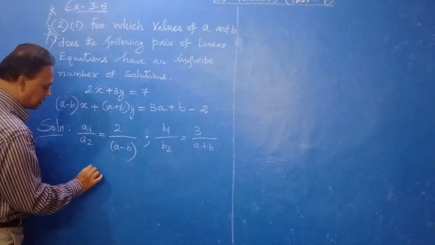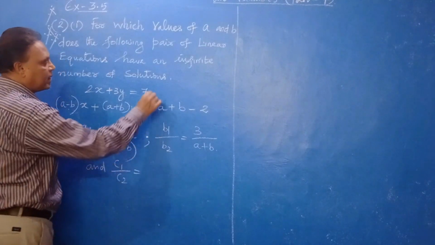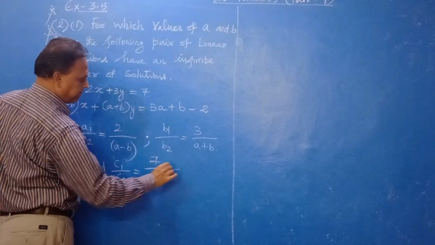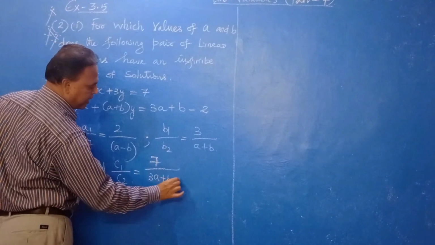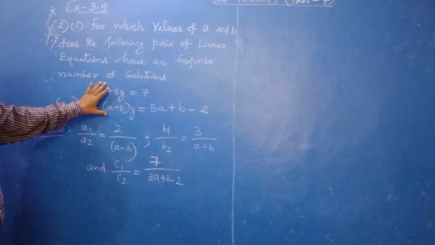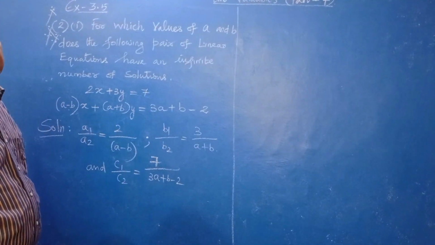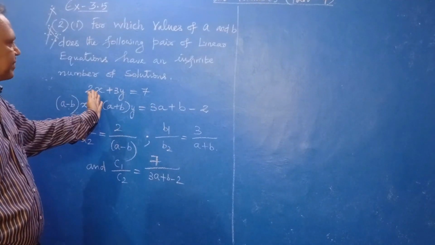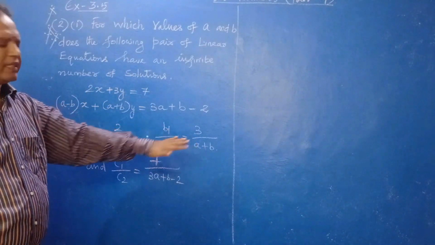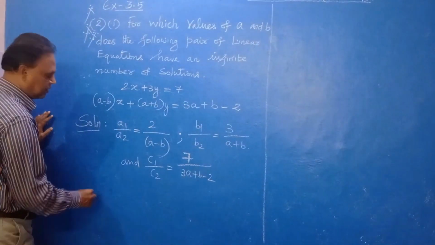What is c1 by c2? 7 by 3a plus b minus 2. Clear? You see the equation, both constant terms are on the right hand side. Either you keep the constant term on the left hand side or the right hand side. Now apply the conditions.